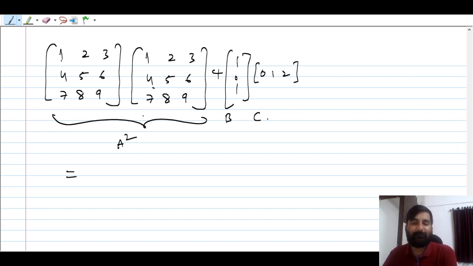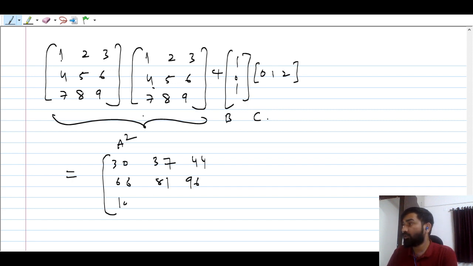So fine. So what we can do here is you will get it like this. I'm just writing directly 30, 37, 44, right? Or 66, 81, 96. After addition, a square plus b, 102, 127, and 152.